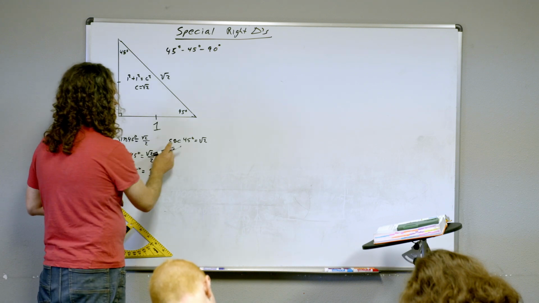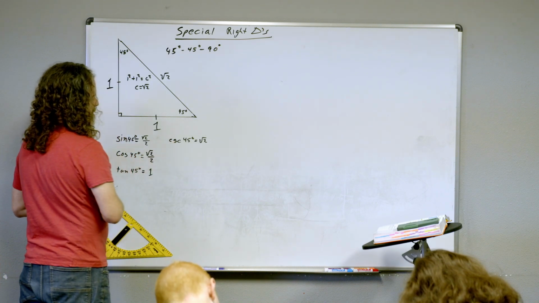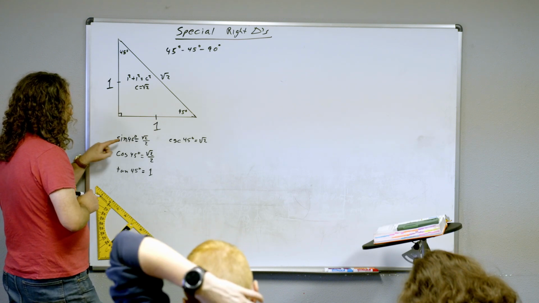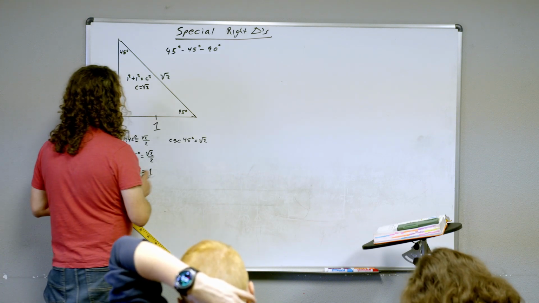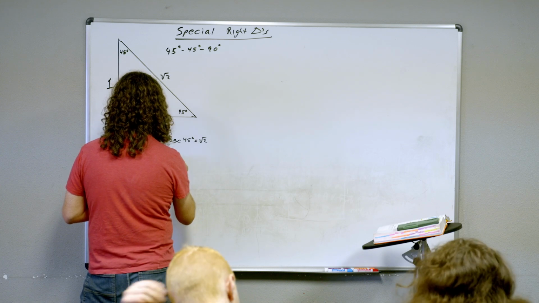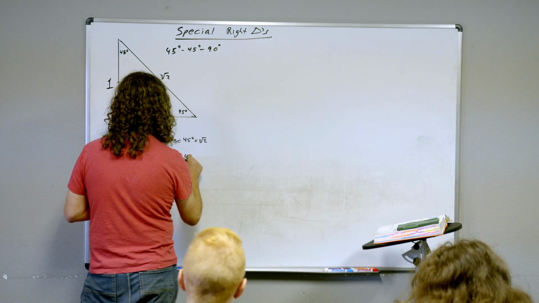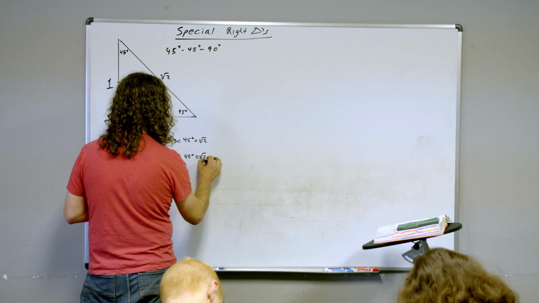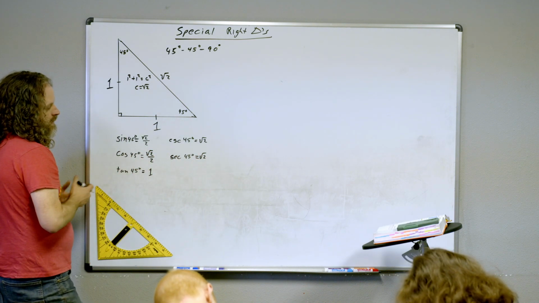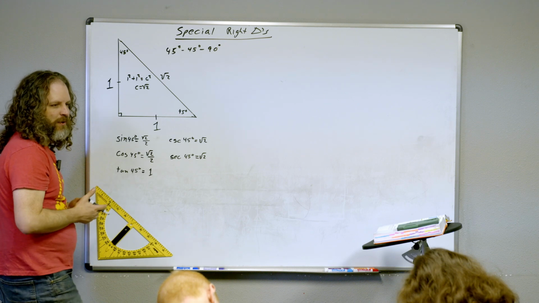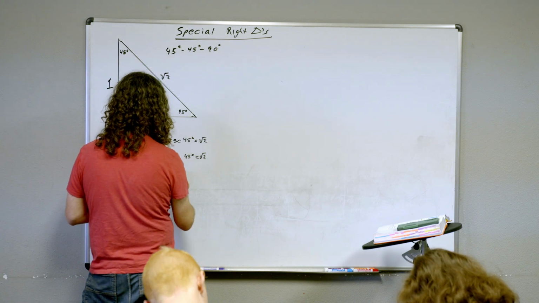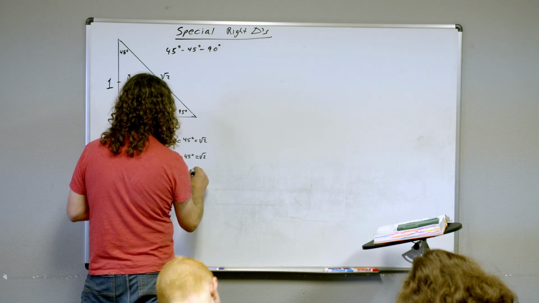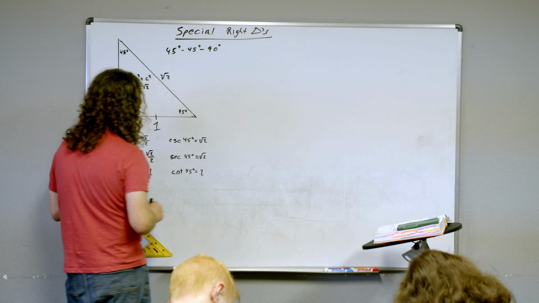Cosecant is 1 over sine. Secant would also be the square root of 2. And cotangent, 1 over 1 flipped over, is still 1 over 1. So the cotangent is also 1.